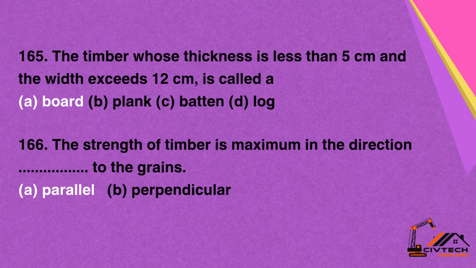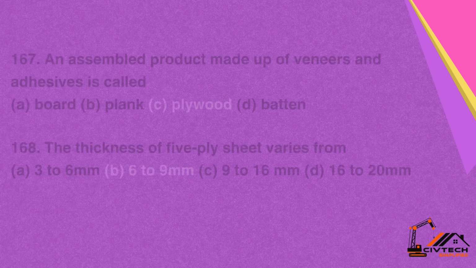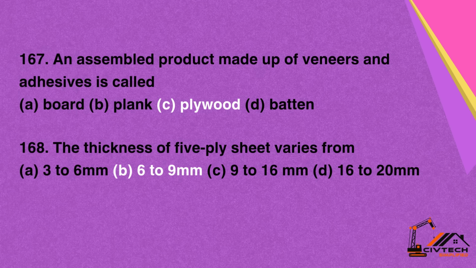A. Parallel, B. Perpendicular. Correct option. A. Parallel. 167. An assembled product made up of veneers and adhesives is called A. Board, B. Plank, C. Plywood, D. Batten. Correct option. C. Plywood.